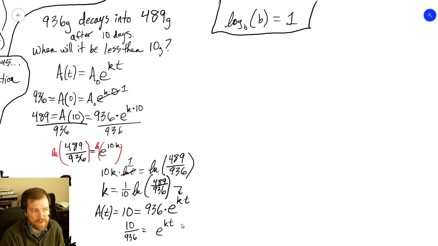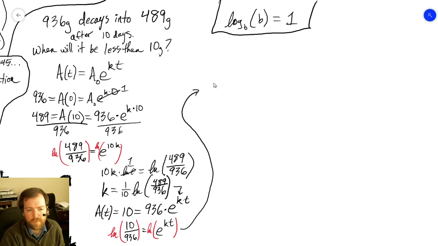We know what k is. It's a constant. That's okay. And again, take the natural log of both sides. Natural log of e to the kt is going to just be kt, equals natural log of 10 over 936. And then divide by k.